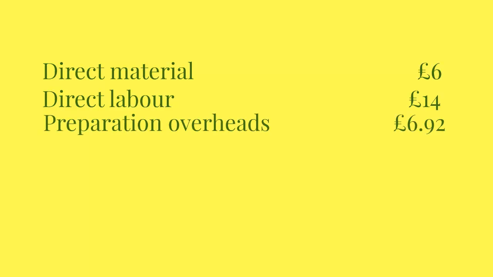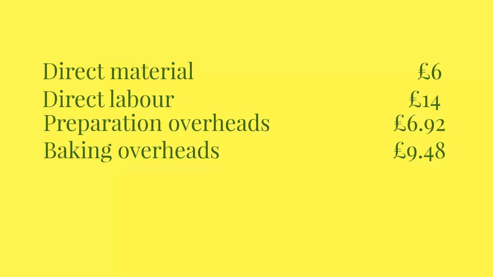So now let's look at it all together as a total to find out the actual cost per unit. So we have our direct material of £6, our direct labour of £14, and preparation overheads applied to the preparation account at £6.92. We then have baking overheads of £9.48, giving us a grand total of £36.40 per pie.